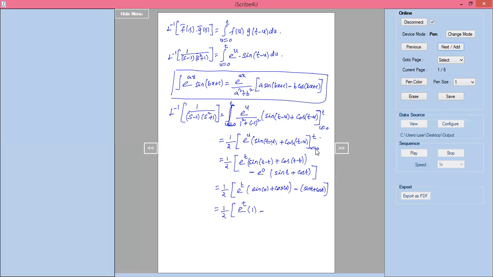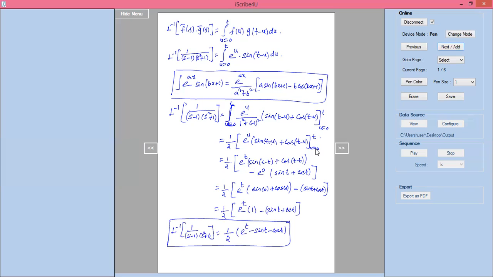Minus of sin t plus cos t. If you multiply this minus inside, you will get L inverse of 1 by s minus 1 into s square plus 1 equal to 1 by 2 into e power t minus sin t minus cos t, which is the required solution of the given equation.